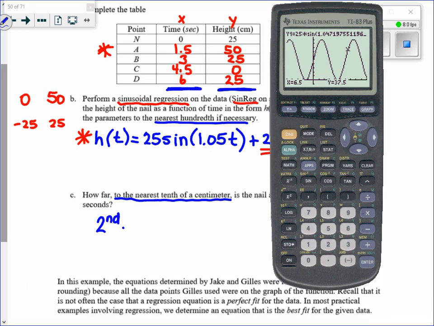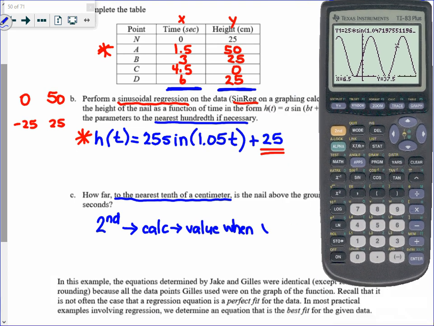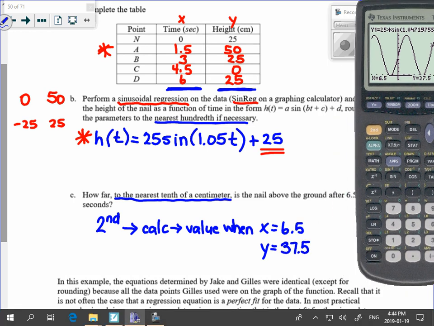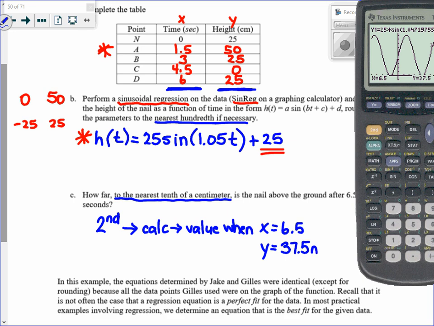Okay, so second, calculate what? A value when x is 6.5. And it'll tell you y is 37.5 at that point. And that's a vertical distance of 37.5 centimeters.